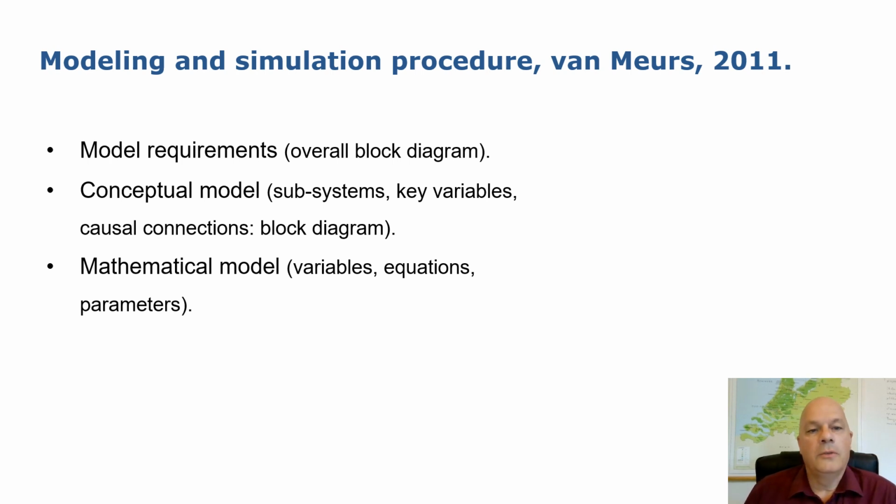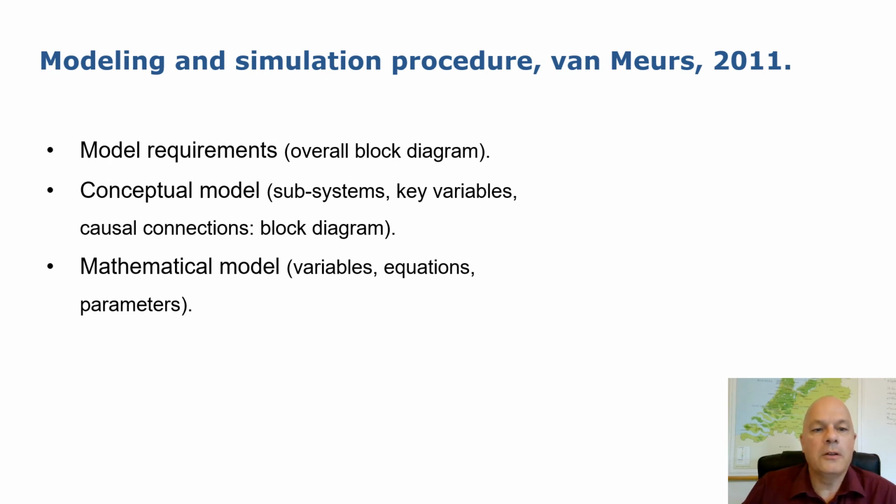Only then we translate that conceptual model, that drawing, into a mathematical model. So in the conceptual modeling phase, the clinicians and physiologists are often still involved, but mostly technical physicians or biomedical engineers establish a mathematical model, which is a number of variables, equations, and parameters, the numerical values that govern the relationships between the variables.